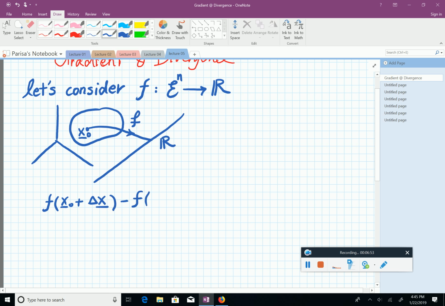The only difference is that now this is a function of points. Before we just had x without any line at the bottom.